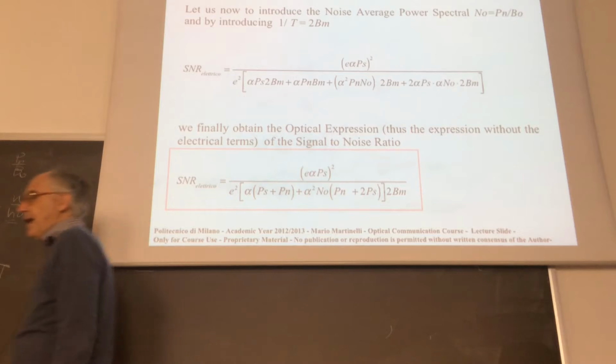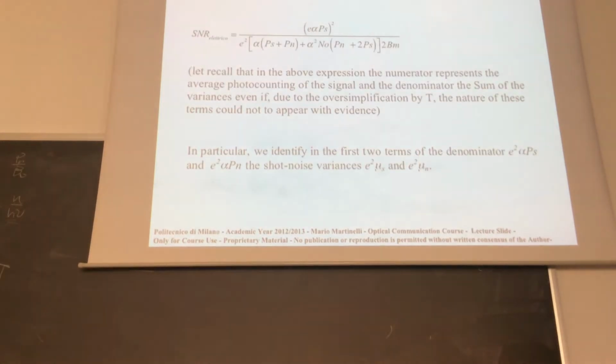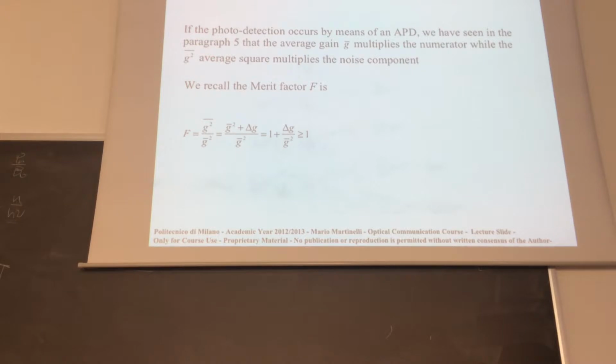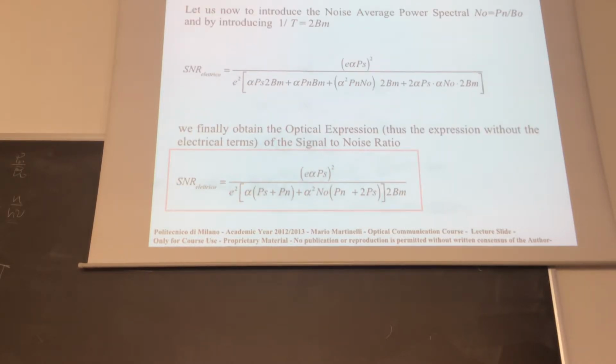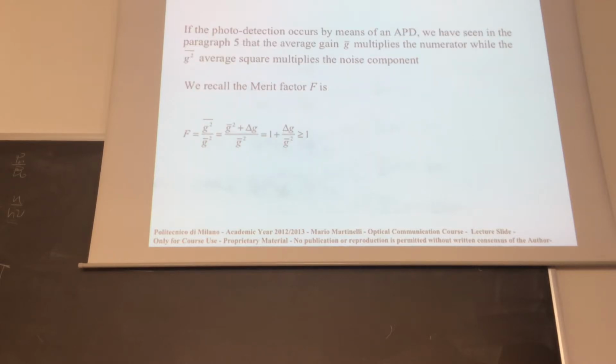Then move again. If the photodetector is an APD, we see that the average gain multiplies the numerator while the average squared multiplies the noise component, because if you return to this expression, we have this function here.